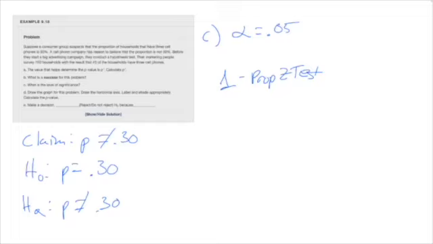It's a program on your calculator. So if you hit stat and go over to tests, there it is. You need to have p sub 0, which is the number from your hypotheses, so 0.30. You need to have x, which is the number of successes from your sample, so that'd be 43.